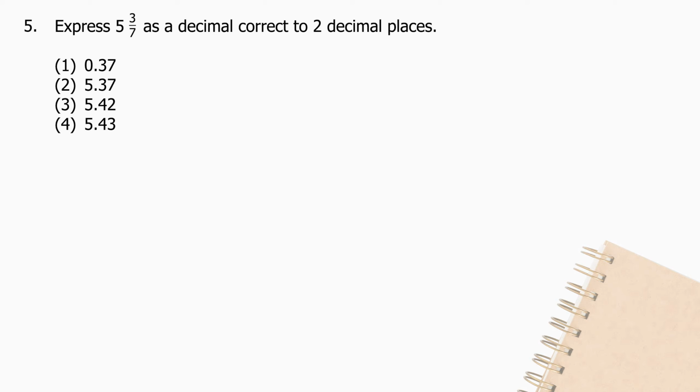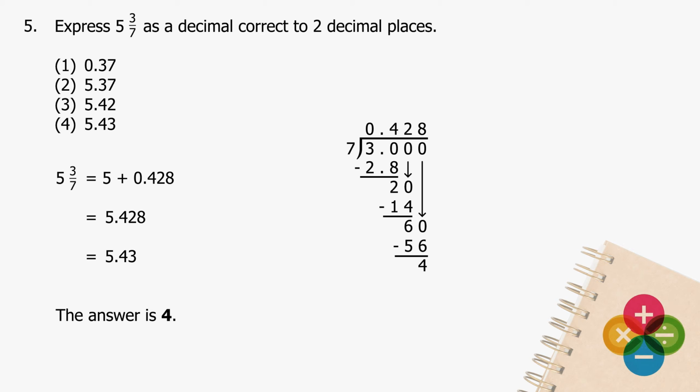Question 5. Express 5 and 3/7 as a decimal, correct to 2 decimal places. Convert 5 and 3/7 to decimal will be add 5 to 0.428, and the sum is 5.428. Round the sum to the nearest hundredth will be 5.43.